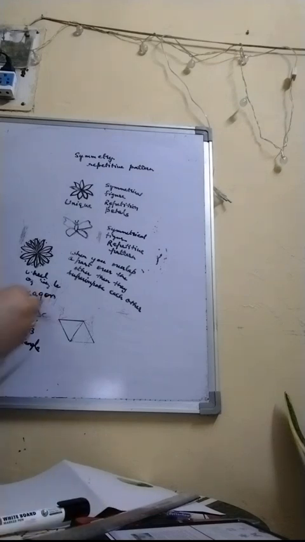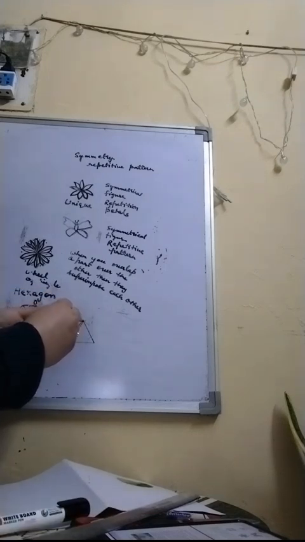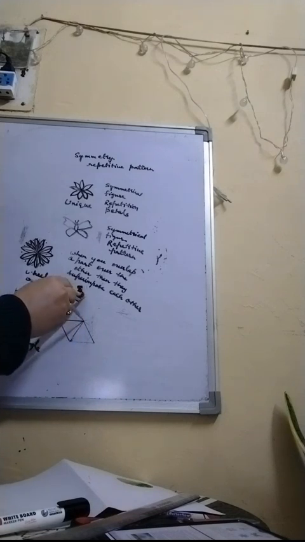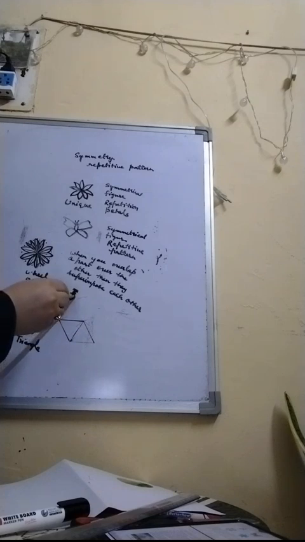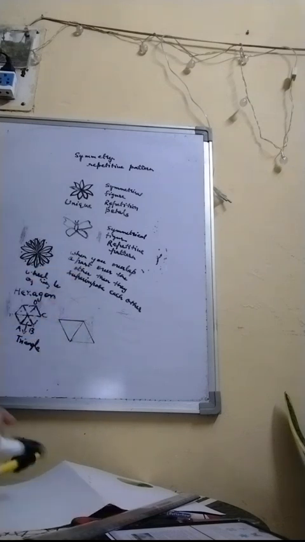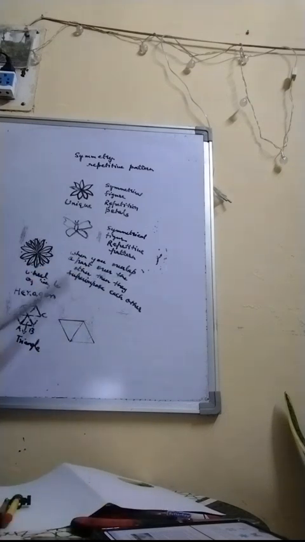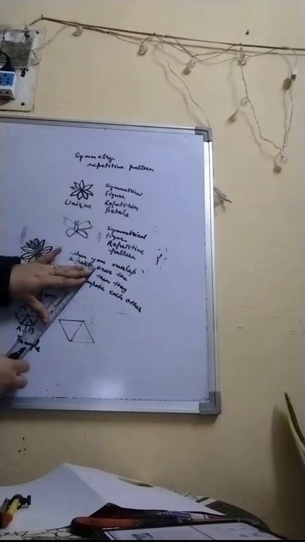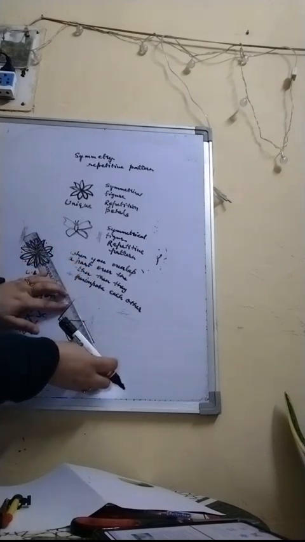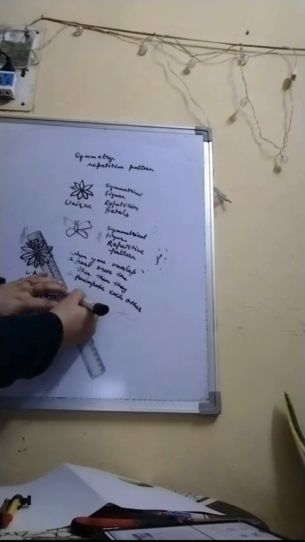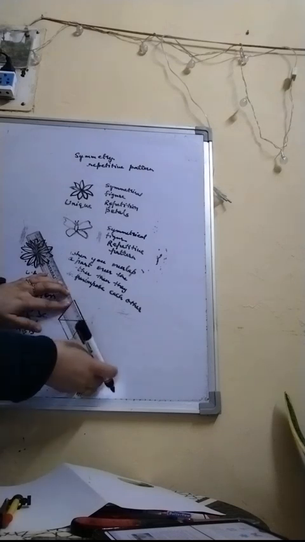Then again open the compass equal to the segment and draw another arc from these 2 points like this. Are you able to follow what I am drawing? I have taken one side of 4 centimeter and am making a hexagonal figure.